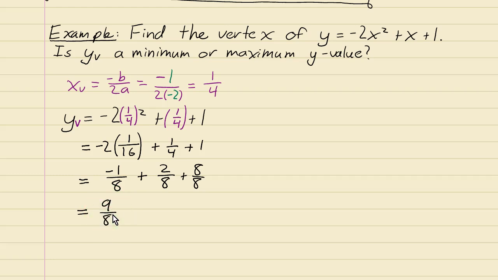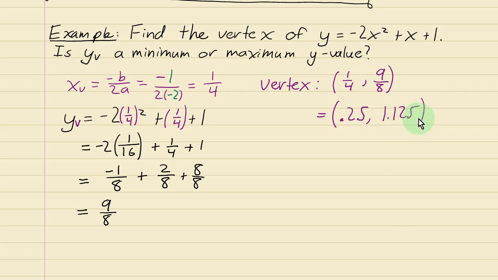So the vertex itself, we know, is a point with this x-coordinate and this y-coordinate. And if you want, you can write that as a decimal too. So anyways, that's the vertex.